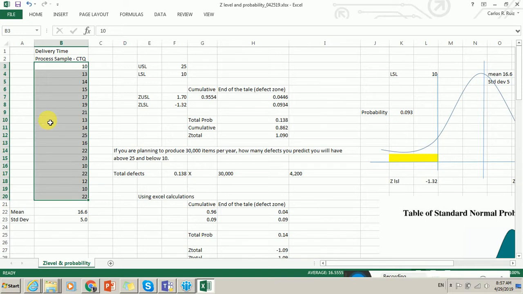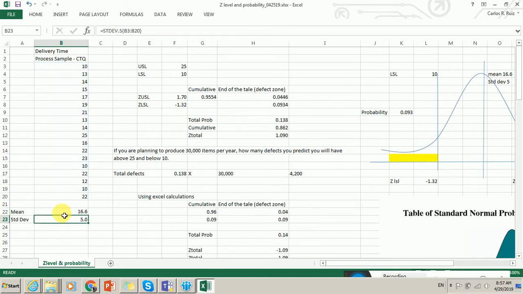For this example, we're going to assume that these numbers follow a normal distribution. Therefore, we can use the mean and the standard deviation to characterize this distribution. We use Excel to calculate the mean, which is 16.6, and we also calculate the standard deviation, which in this case is 5.